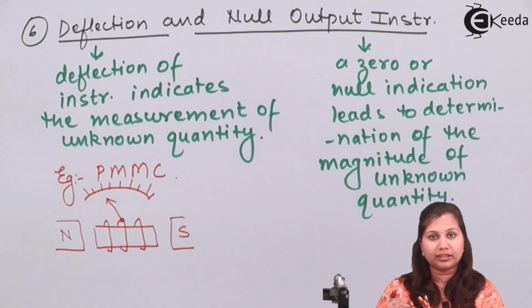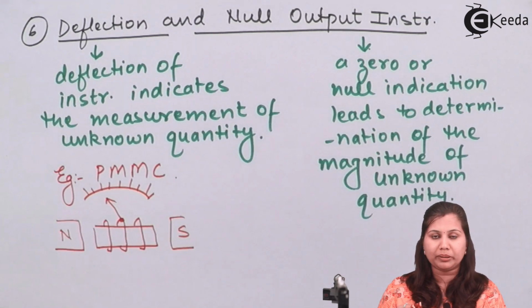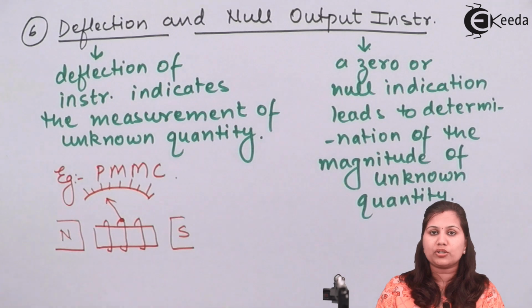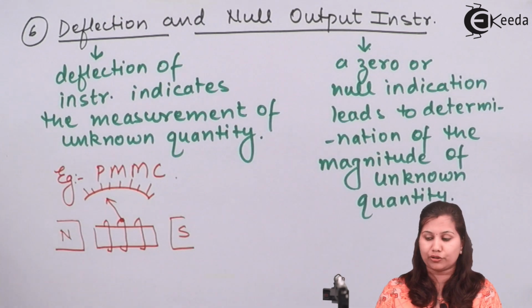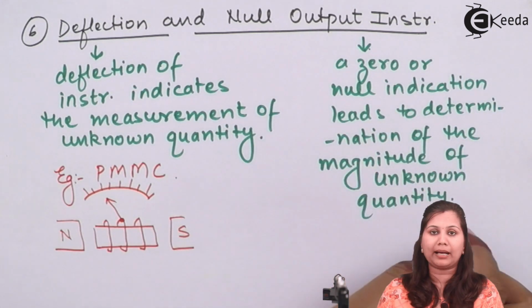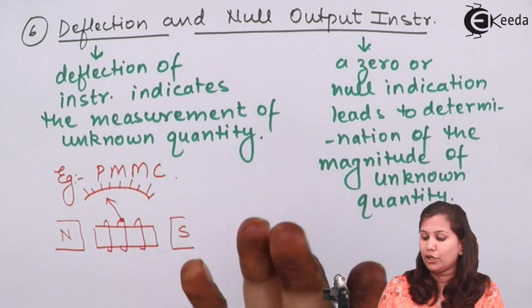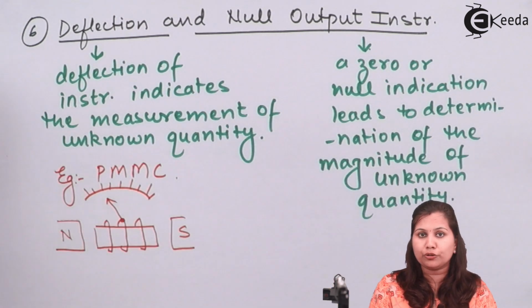So we are measuring the EMF by checking the null condition of the galvanometer. Also in the Wheatstone bridge, we measure the resistance when the bridge is balanced, and the balance condition occurs when the galvanometer shows zero or null deflection. So a zero or null indication leads to the determination of the magnitude of the unknown quantity. So examples are the Wheatstone bridge and the DC slide wire potentiometer.